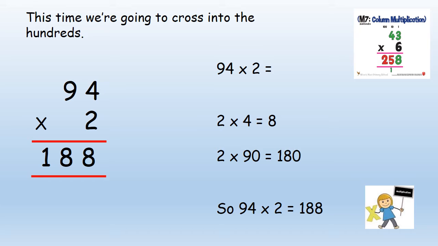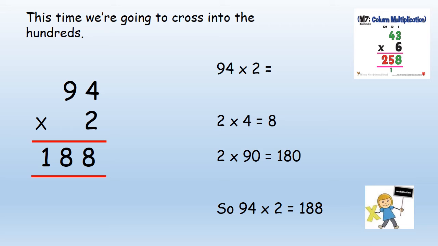I'll show you another one now, but this time we are going to cross into the hundreds. 94 times 2. So the 1s are quite straightforward. 2 times 4 equals 8. So we write that between the lines. Then we've got to do 2 times 90. Now, we know that 9 2s are 18, and we know that when we times by 10, it's 10 times bigger.